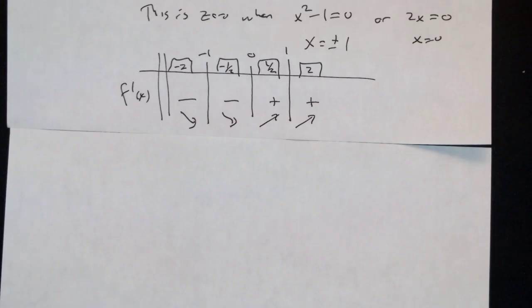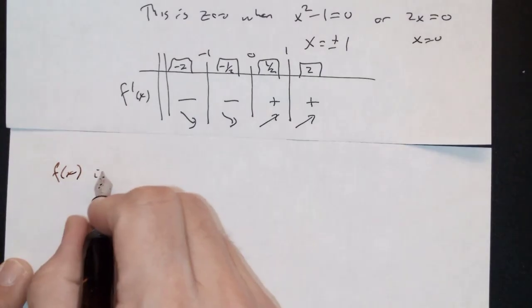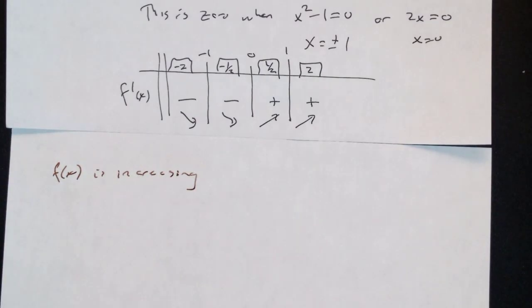If I think about a graph that's increasing, I can actually draw an increasing graph in several different ways. I can think of a graph like x squared.